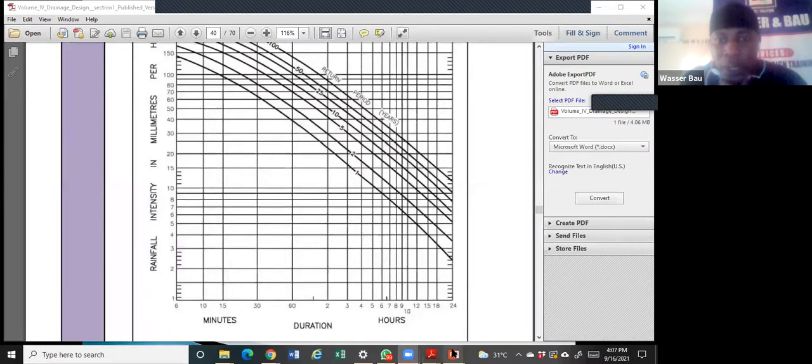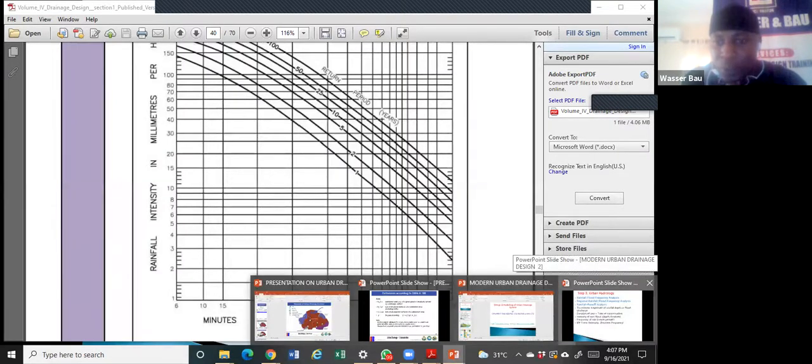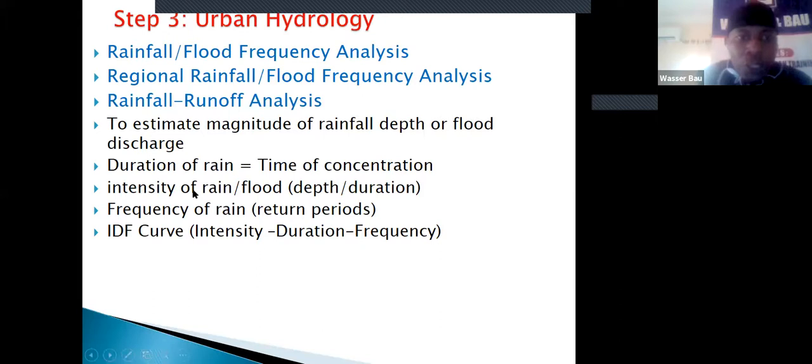Okay. So let's go back to our short foundation. The next thing is frequency of rain or return period. We are all engineers. Frequency means how often. How often does it happen? That's the frequency.